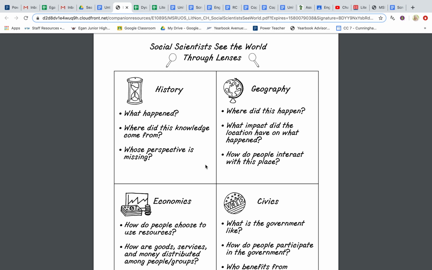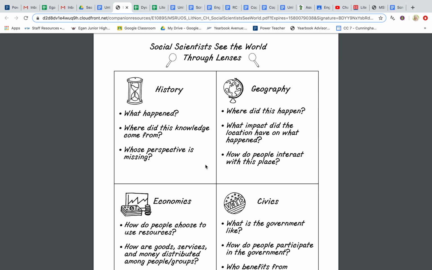The next box over is all about geography. Where does this happen in the world or even in the United States? What impact did the location have on what happened? You would be surprised about how impactful location is, where events are happening at a specific time in history.